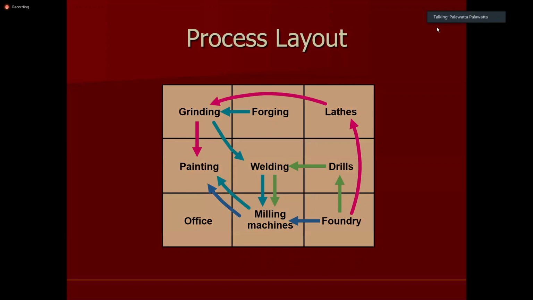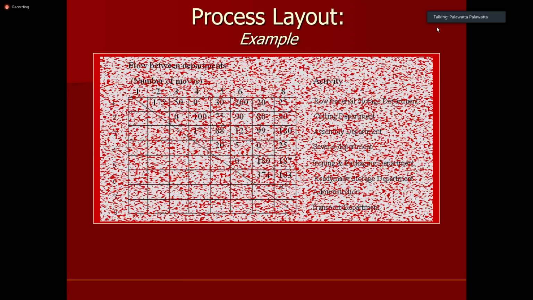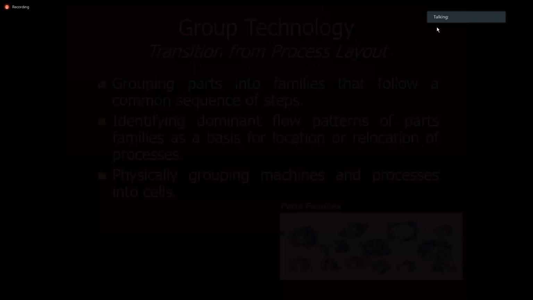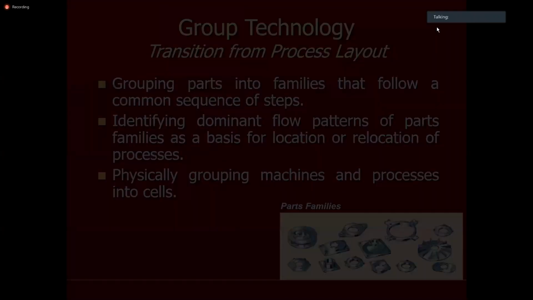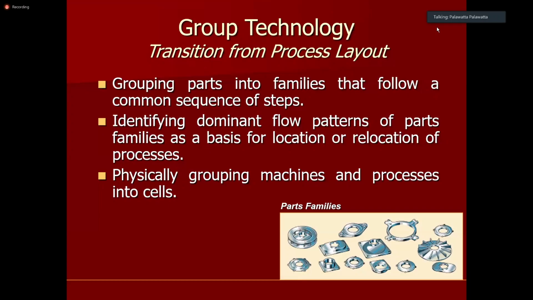So then you take the advantages of product layout and process layout and develop the group technology layout. So product layout's advantage is efficiency. Process layout's advantage is flexibility. Okay, so you can produce more items with the same layout.